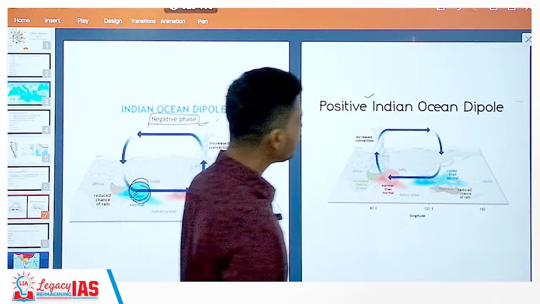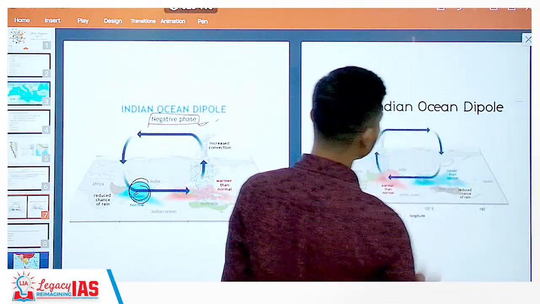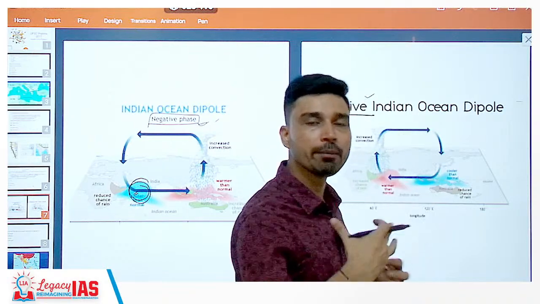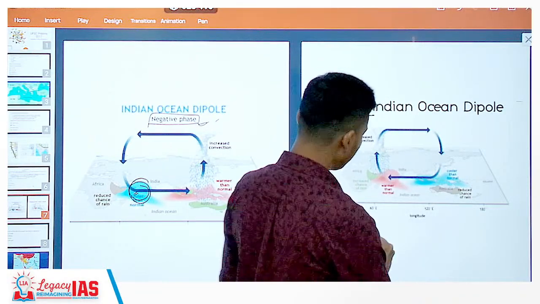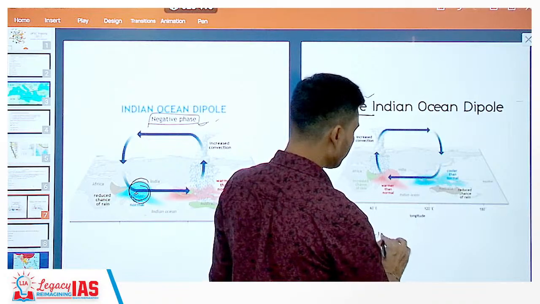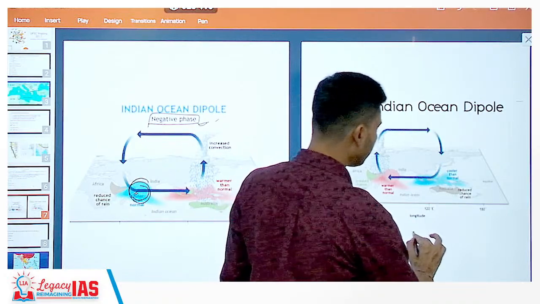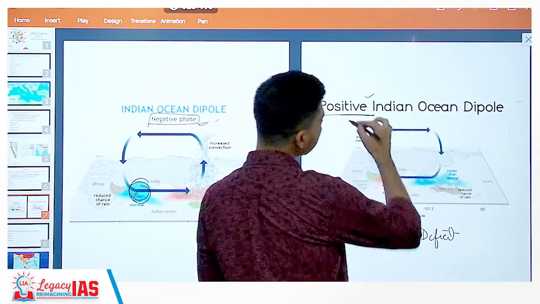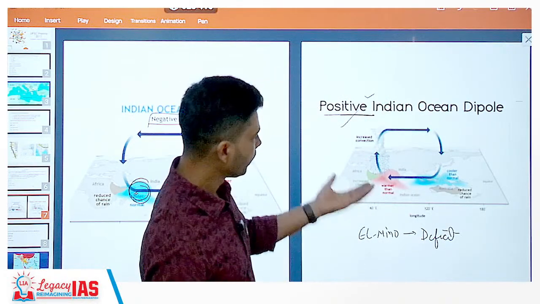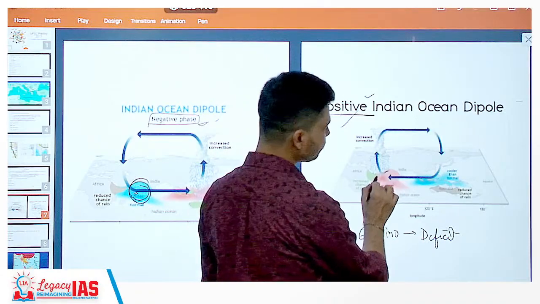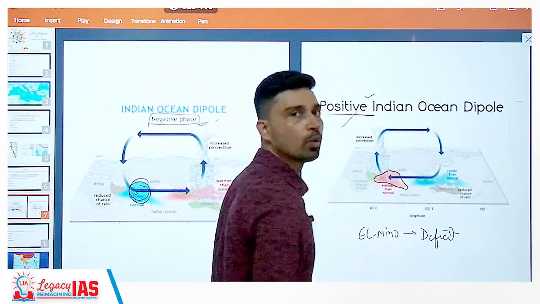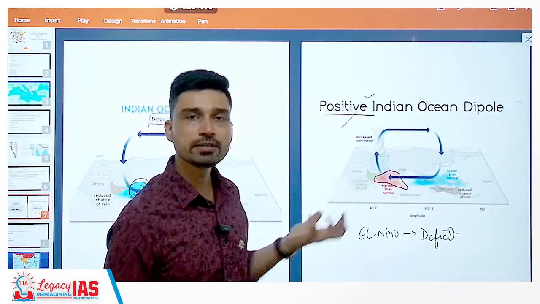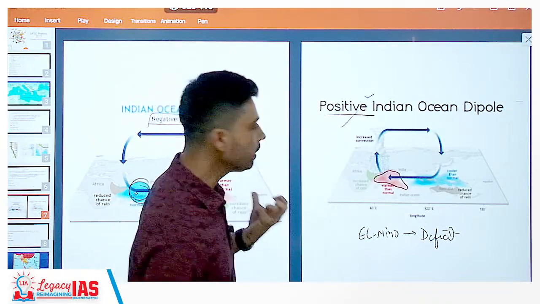But on the other hand, if you look at the positive phase of IOD and compare that with El Nino, we know that El Nino causes deficit rainfall or a deficit monsoon in India. But if there is a positive phase of IOD, the western part of the Indian Ocean is warmer than usual, so here we have increased convection, more condensation, dense cloud formation, and heavy rainfall.